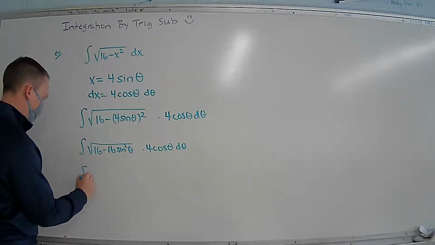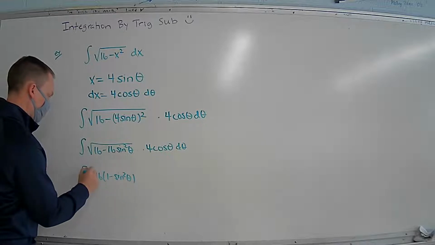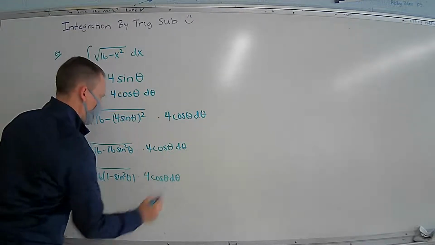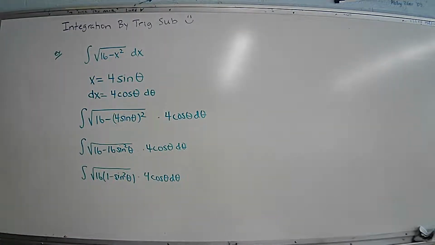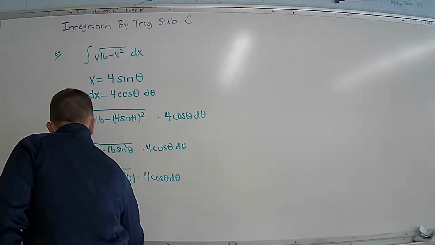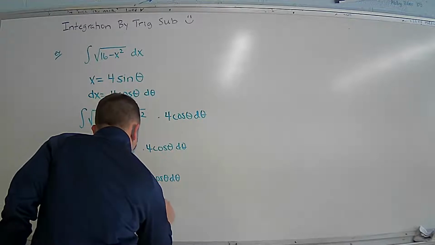And right here, I can factor out a 16. You see that? Now I have the square root of 16 times all that other stuff, and I can break that square root up into 2 separate things because they're being multiplied. So this is the square root of 16 times the square root of 1 minus sine squared times 4 cosine theta d theta.